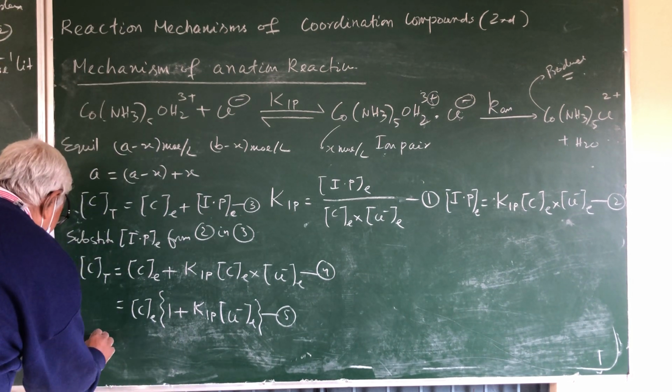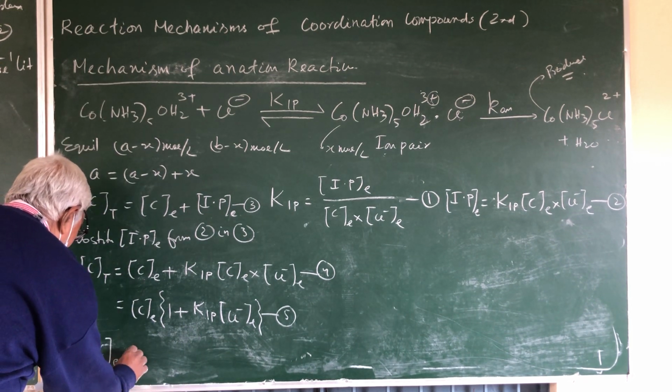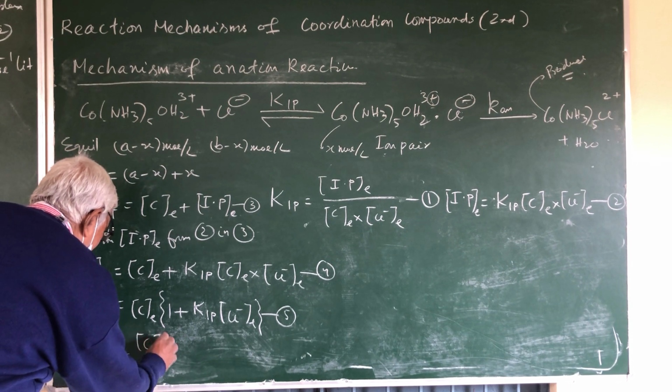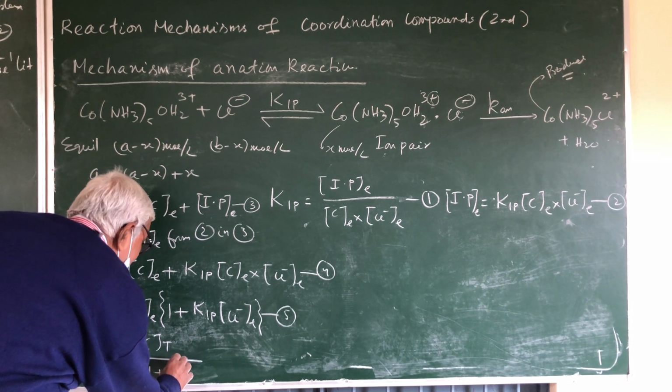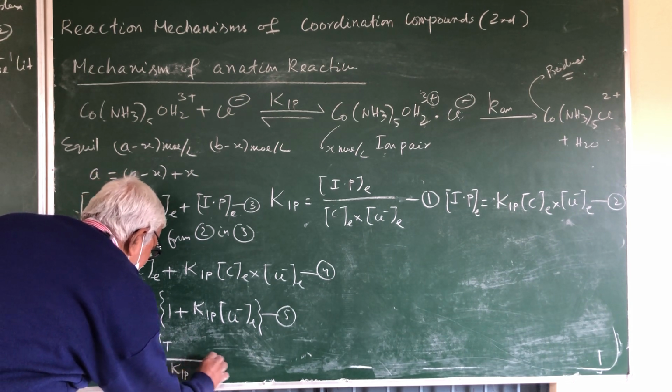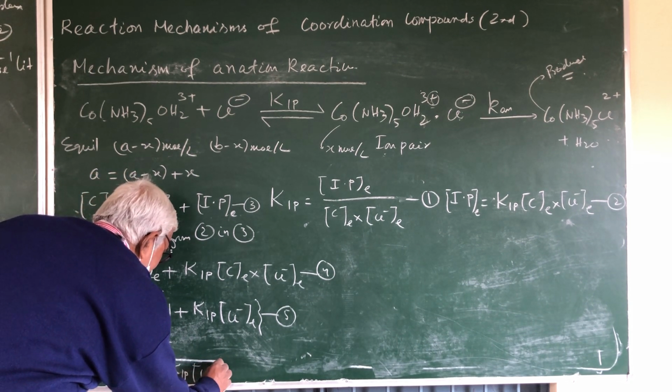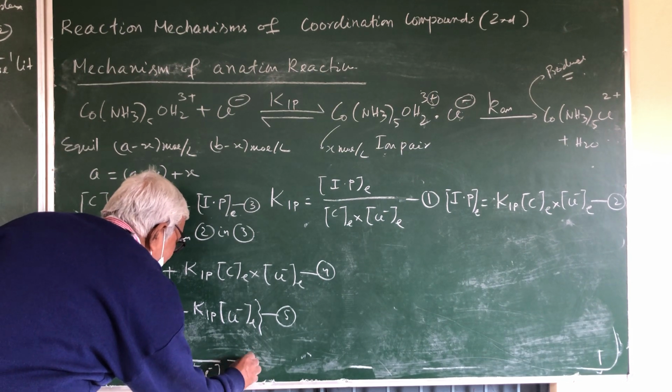So complex equilibrium is equal to complex total by 1 plus K IP into chloride equilibrium. This is equation 6.